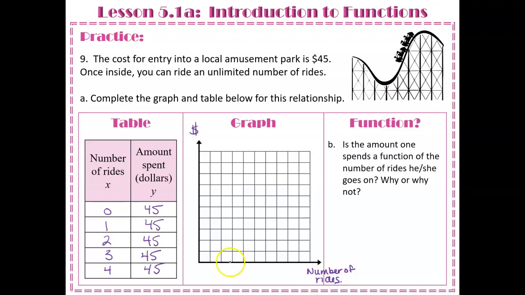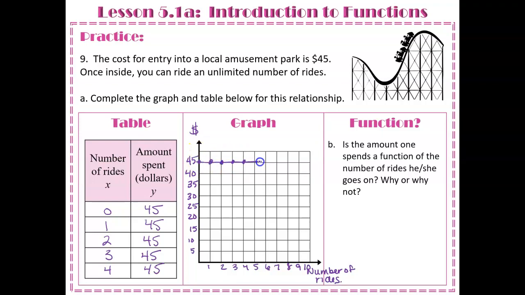Down here, I'm going to go by 1. And here I'm going to go by 5s. And let's graph this. 0, 45, 1 ride, still 45, 2, 3, 4.